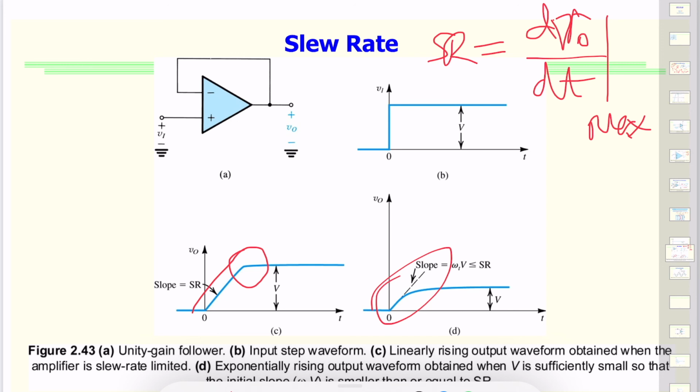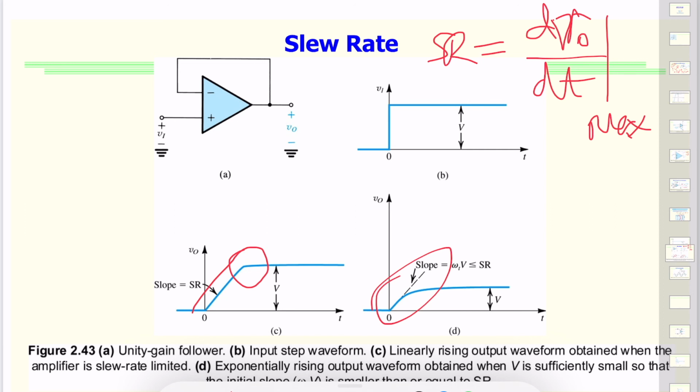This is different from bandwidth; it is about how fast the output can follow the input. It can cause nonlinear distortion to an input signal when its frequency and amplitude are such that the output voltage is required to change at a rate much, much more than the slew rate.